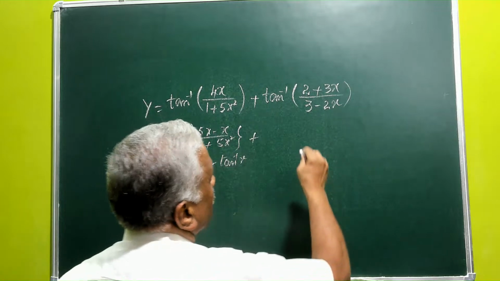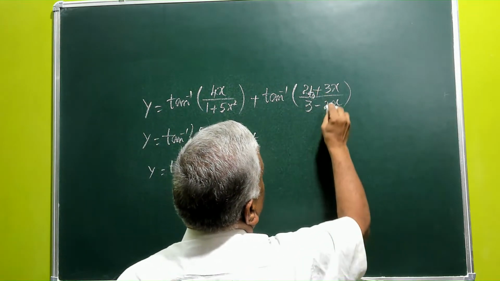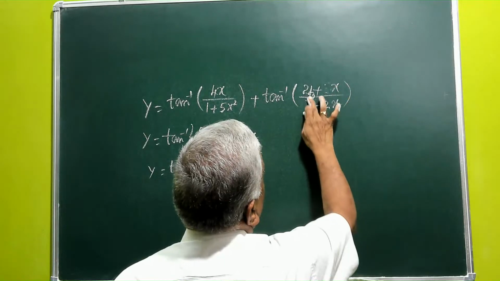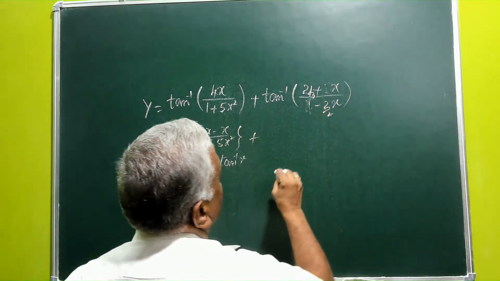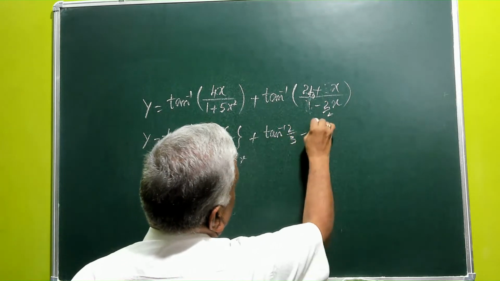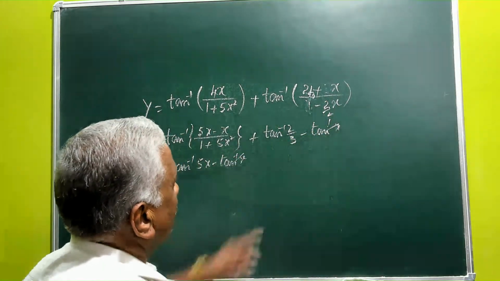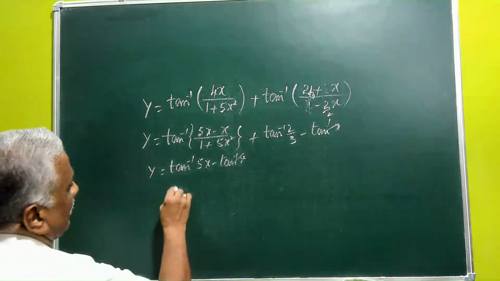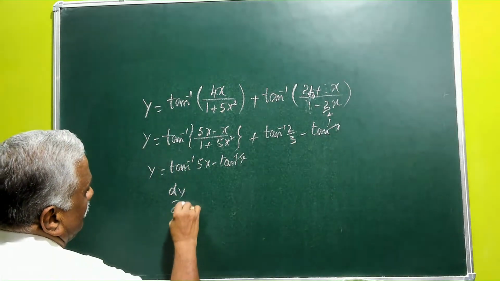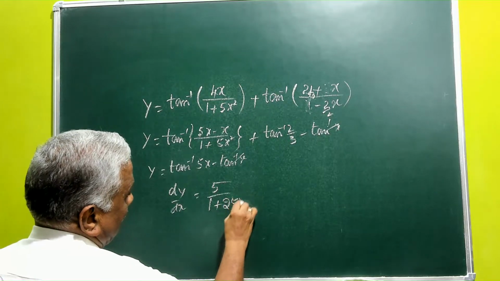Write the other one as, what you should do is divide by 3. So this becomes 2 by 3, this is x, this is 1 minus 2 by 3. This is tan inverse 2 by 3 minus tan inverse x. These two will cancel. This is a constant. Therefore, the answer is dy by dx is equal to 5 over 1 plus 25x square.